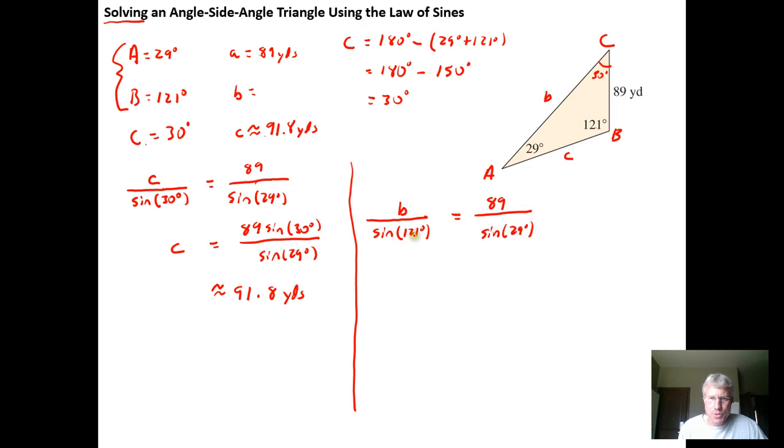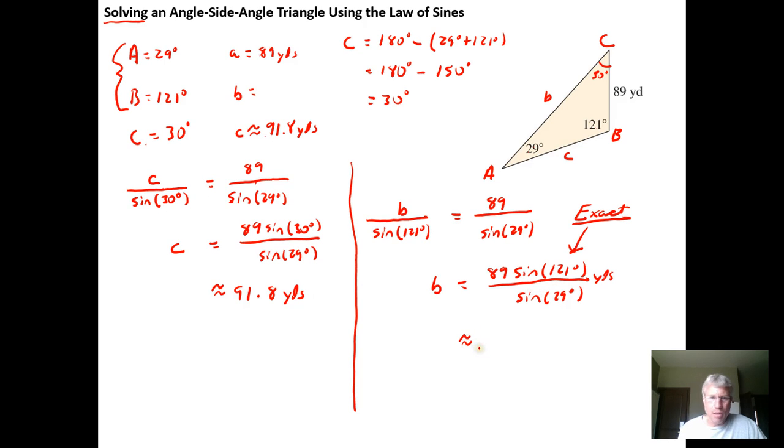And then I multiply both sides by the sine of 121 to get the B by itself. So we get B equals 89 sine 121 degrees divided by the sine of the 29 degrees. This would be yards, and this answer right here would be exact. And if I were asked for the exact answer, I would stop right here.